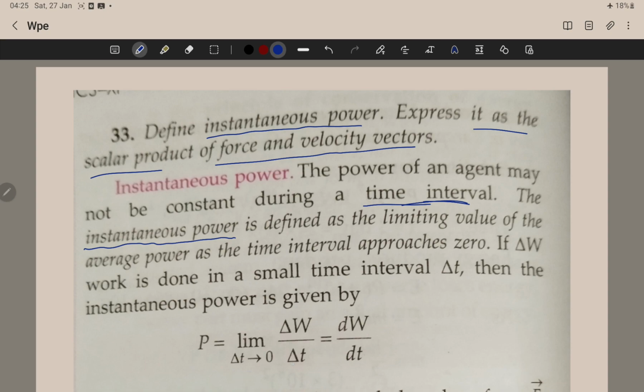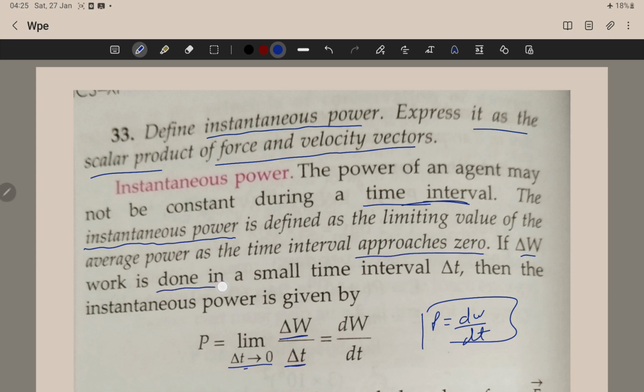If we take delta t and take the limit of delta t as 0, this becomes power at that instant. For this small time, the work done is also very small, so we take delta W with the limit. This becomes dW by dt, the instantaneous power, the limiting value of the average power as the time interval approaches 0.